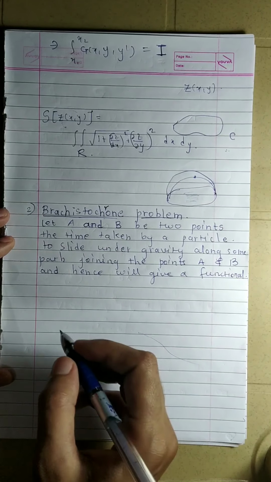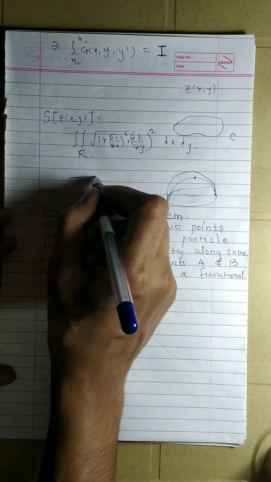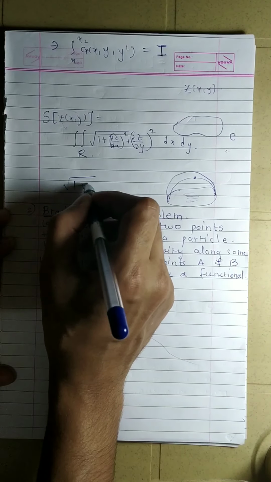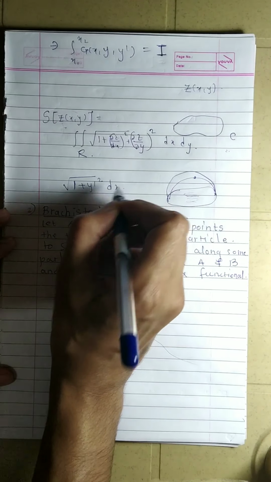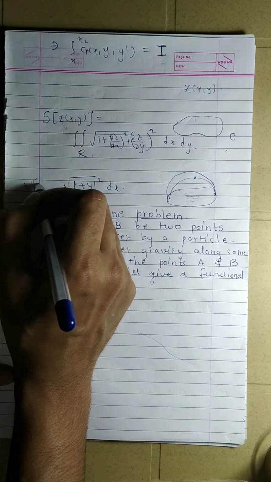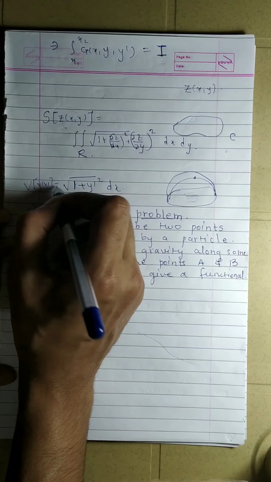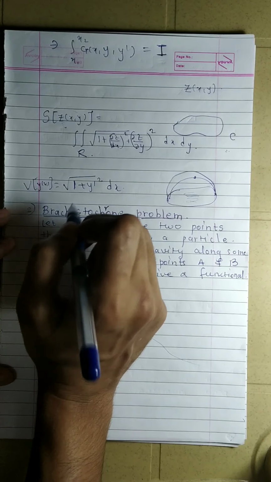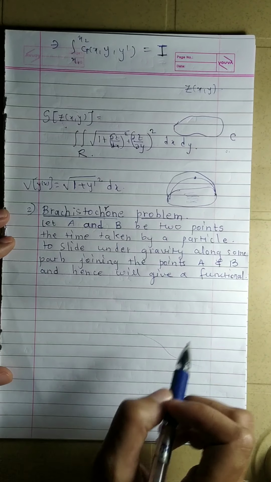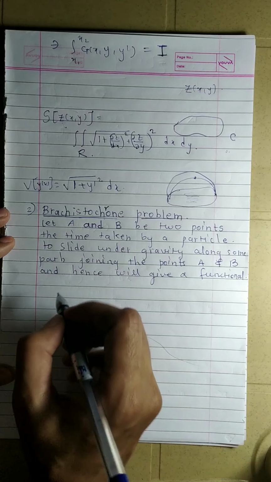Like for the arc length problem, we saw that it gives rise to this functional. So this thing gives rise to a functional.